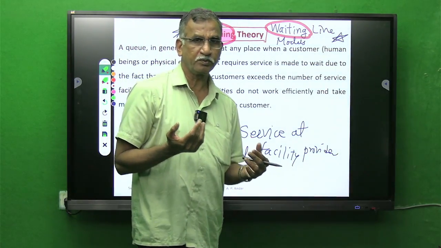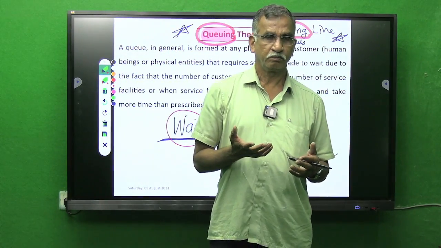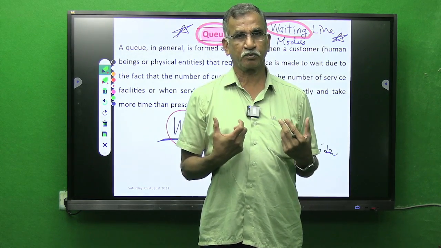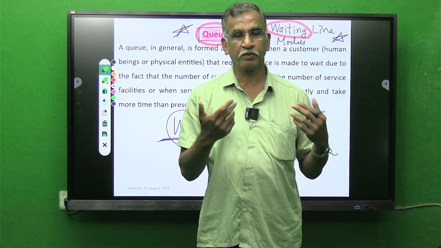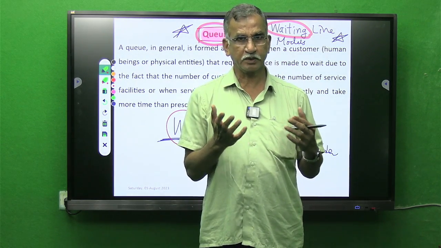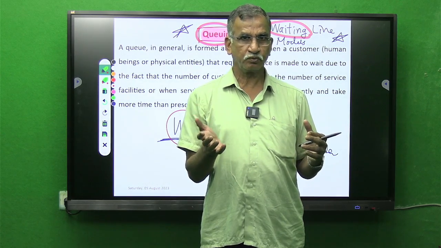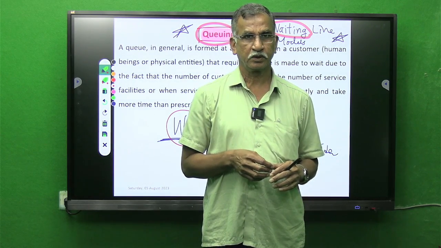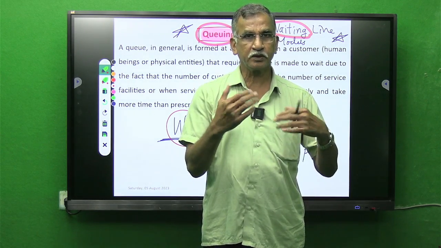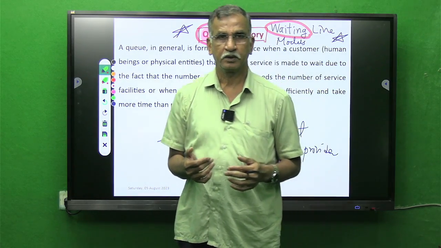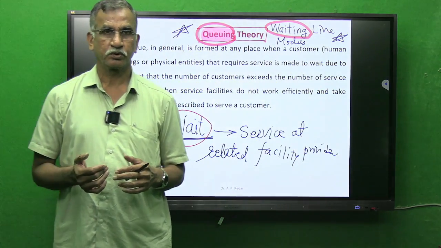In that case, service will definitely be very fast. But as a service provider, I will spend a lot of money as payment to the persons who are giving me service. Unnecessarily, I will increase my burden and my profit will be reduced.